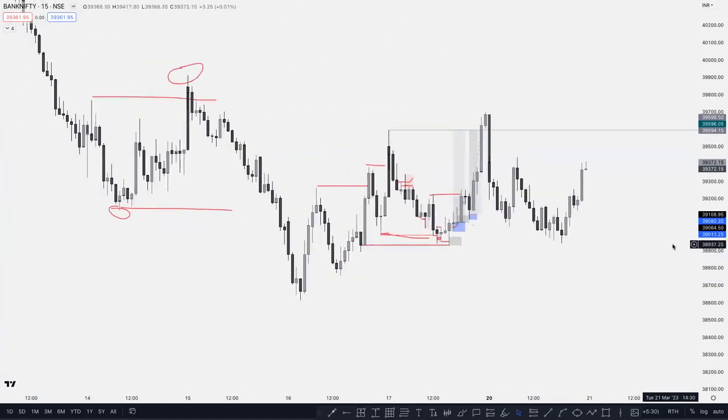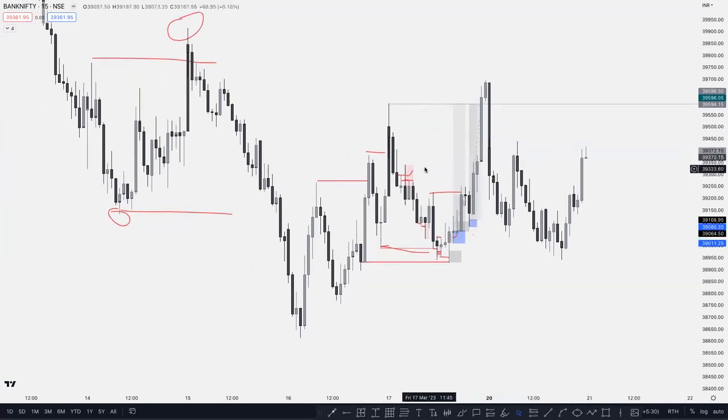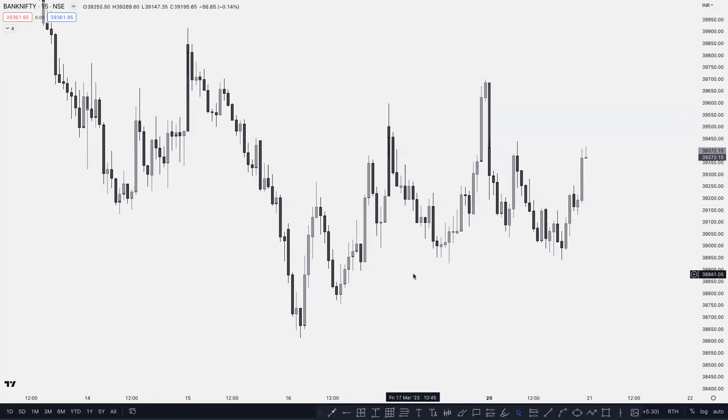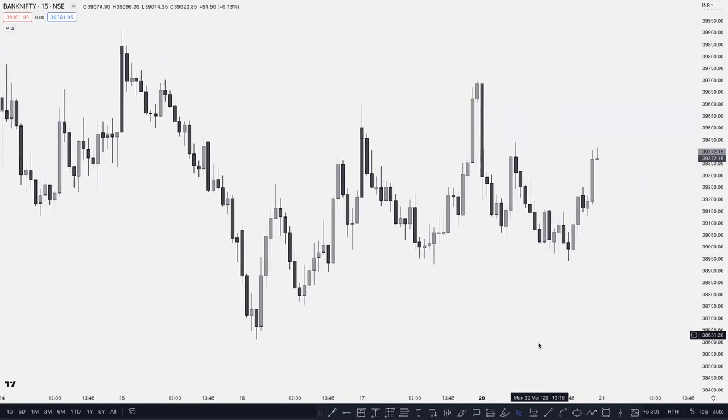So many entries are here. You can see previous candle high sweep here, low sweep here, inducement, and after taking out the inducement, you can buy here.